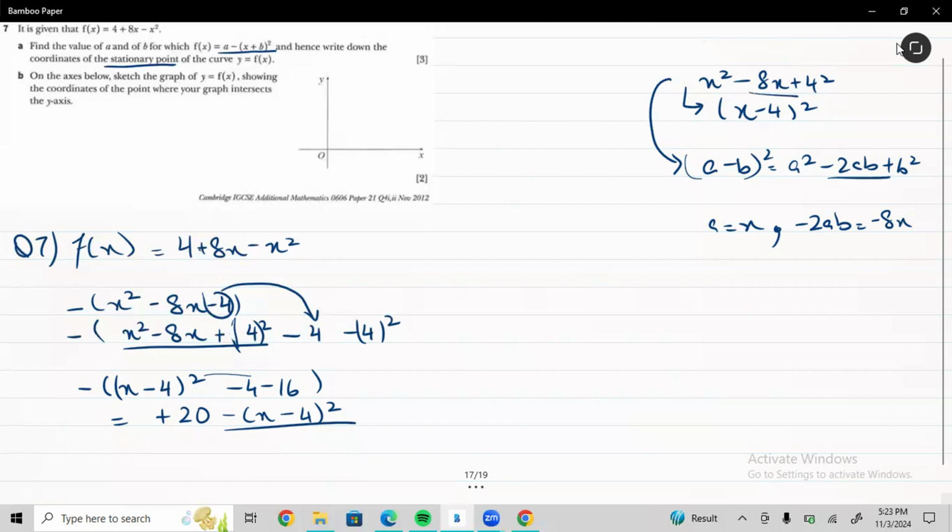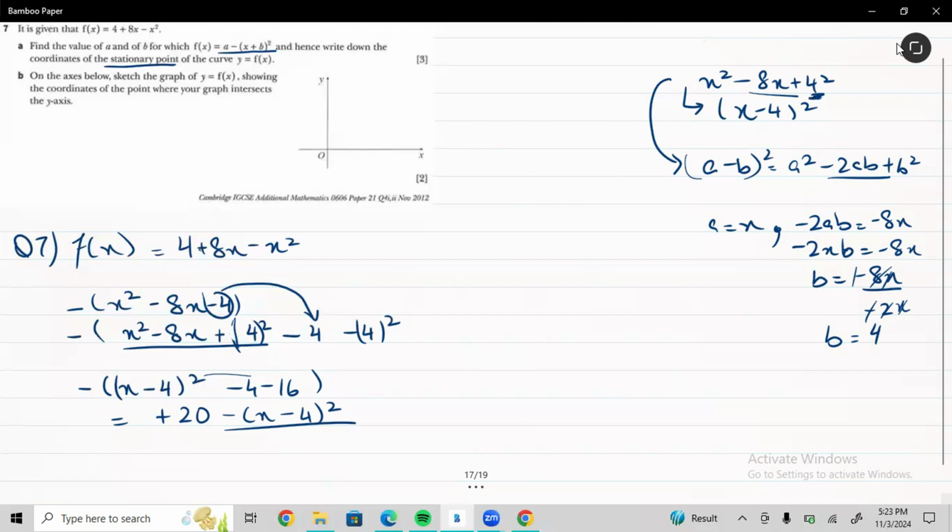So we already know x. So negative 2x times b is equal to negative 8x. Basically, b is equal to negative 8x divided by negative 2x, and x would be cancelled down, which gives us b is equal to 4. So we know b is equal to 4.